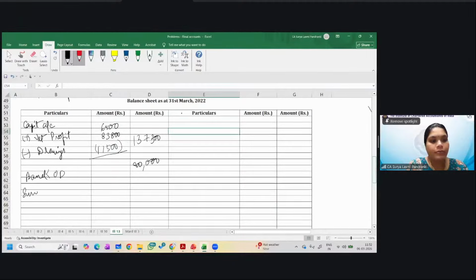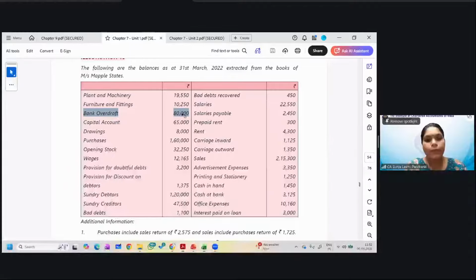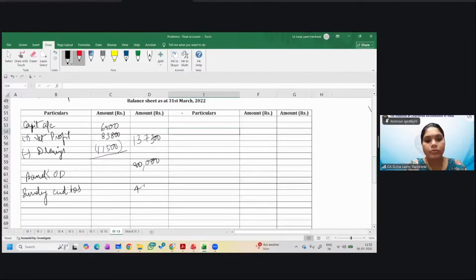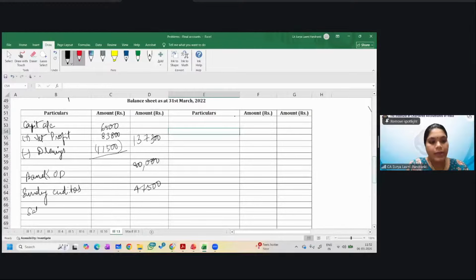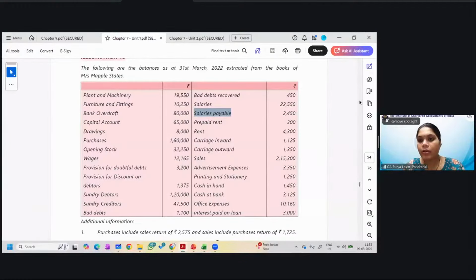Then we have sundry creditors of how much? 47,500. Correct? Anything else we have? I think we have outstanding salaries also, no? Salaries payable. Even this is a liability. How much is the salaries payable? 2450.